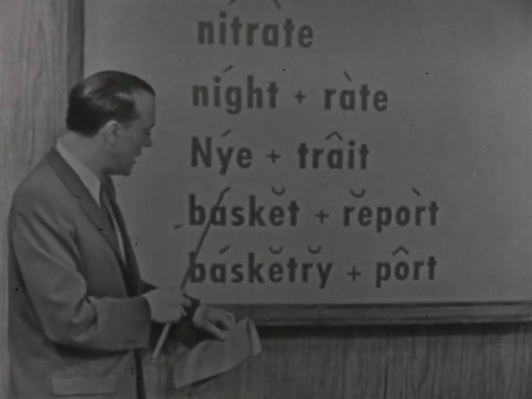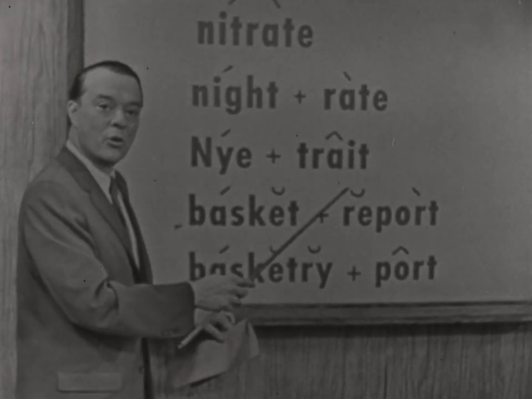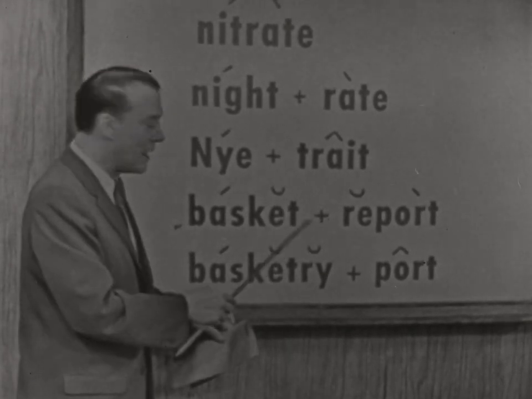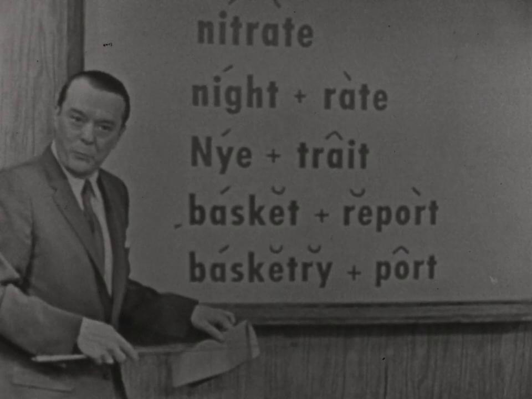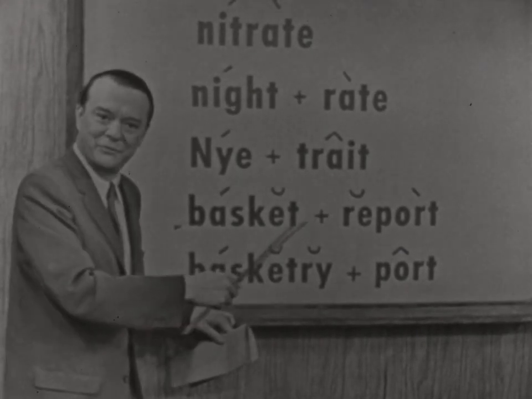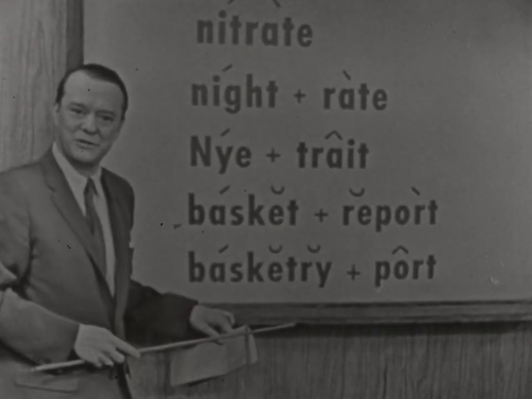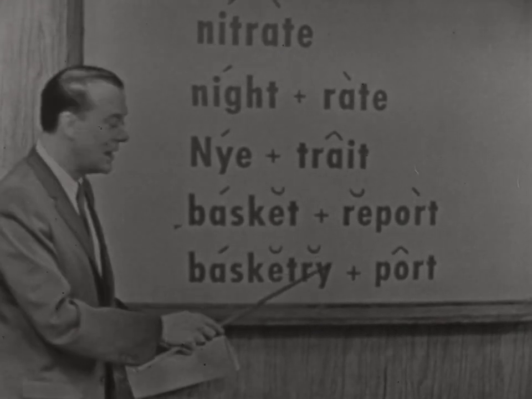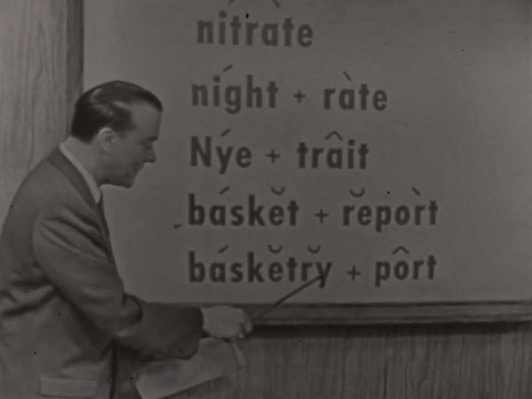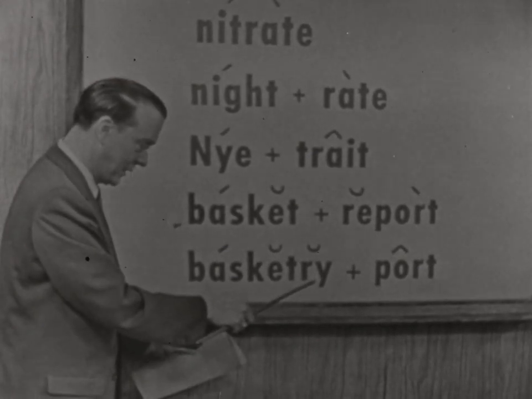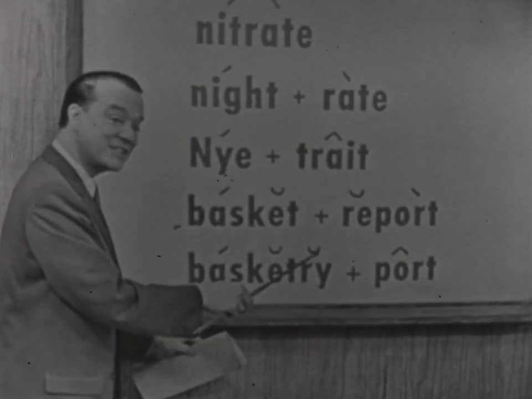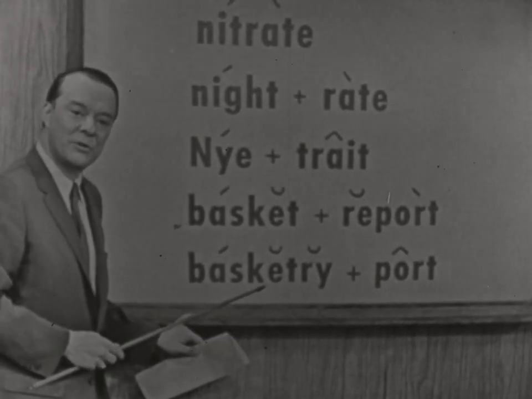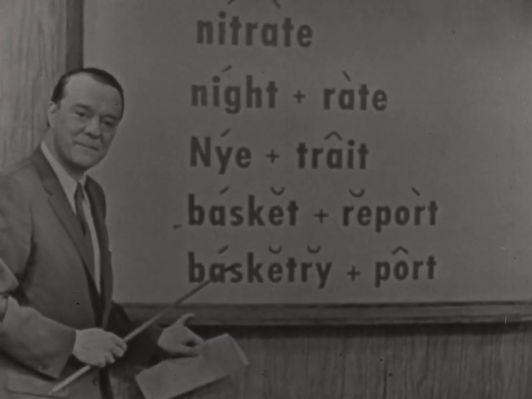Now notice, in the case of these two words, basket report. Basket report. The plus juncture comes between the T and the R. This is a report on baskets, or a report perhaps that's residing in somebody's basket on his desk that he doesn't intend to do much about. A basket report. But when I say basket report and put the plus juncture in front of the P, basket report now is a port that has to do with the importation or exportation of baskets.